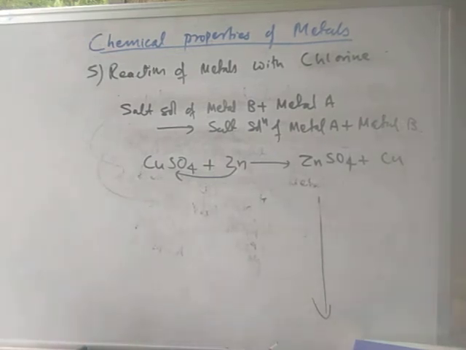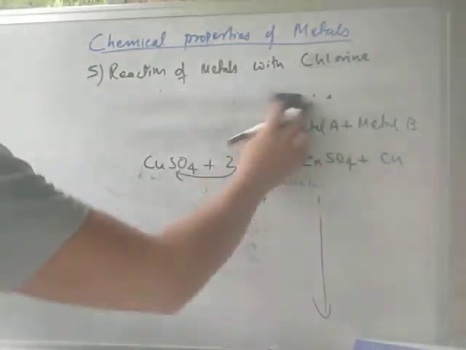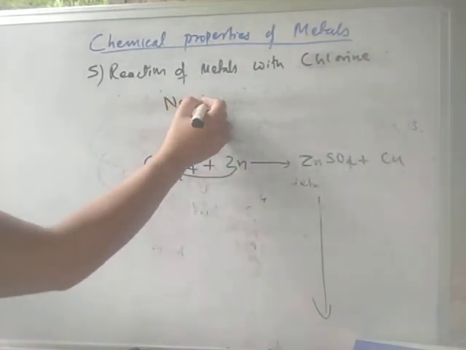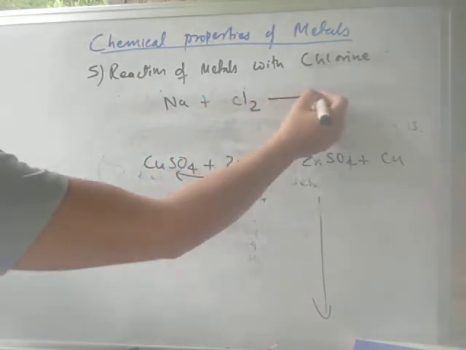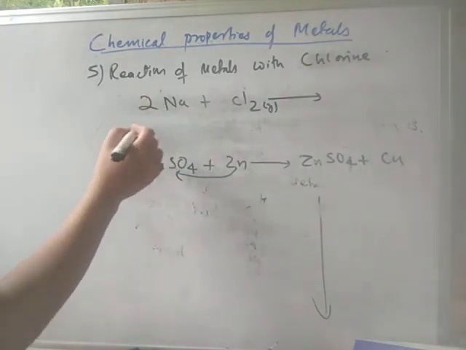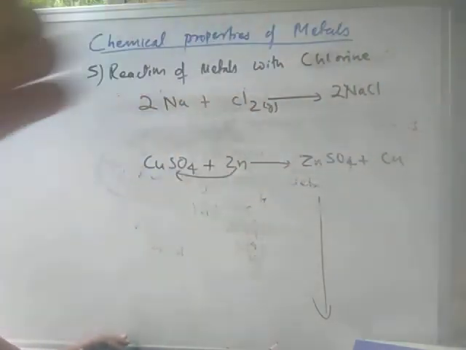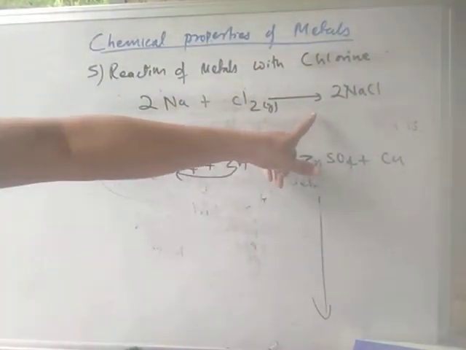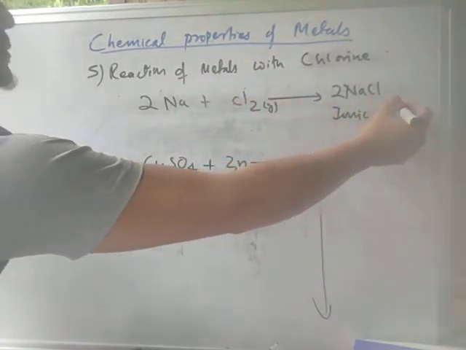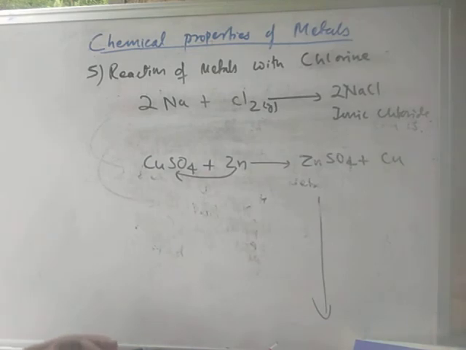If I have a metal like sodium plus chlorine, which is a gas, and sodium is a solid metal, it gives NaCl, an ionic chloride.